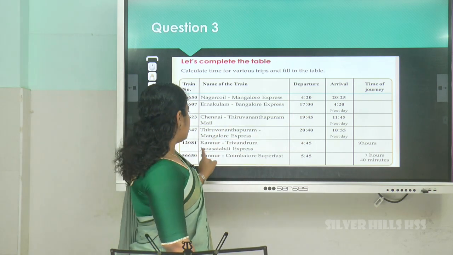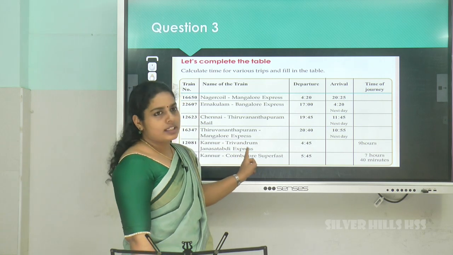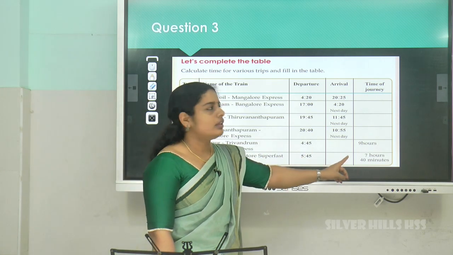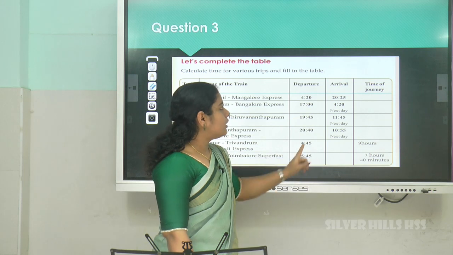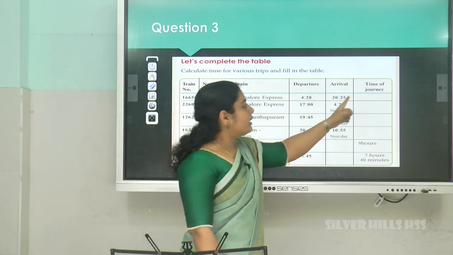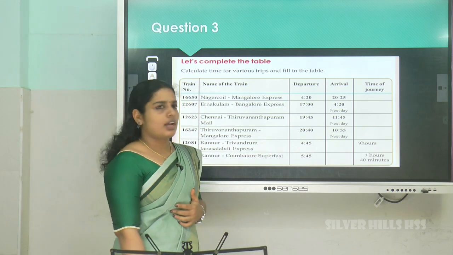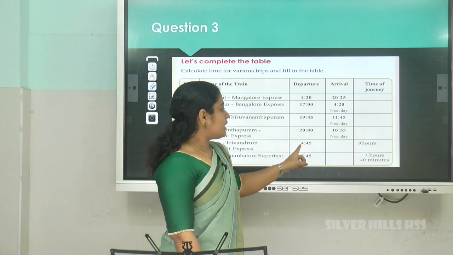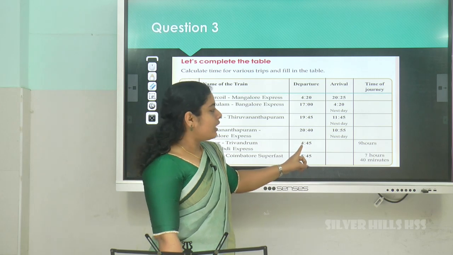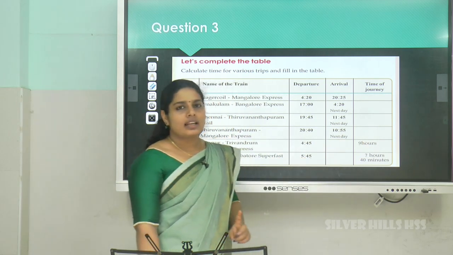And here the Kannur Trivandrum Janashatabdi Express, it is a different kind of question because here the departure time is given and time of journey is given, the arrival we have to find. So it started at 4:45 AM and it travelled for 9 hours.